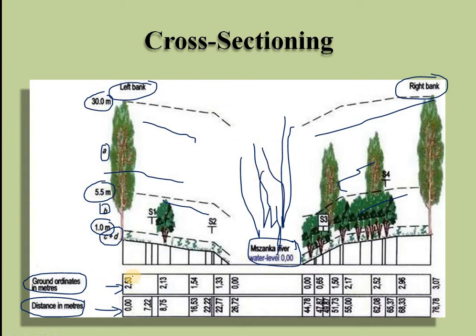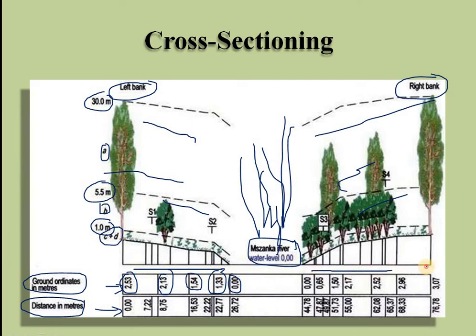These are the levels showing the ground: 2.253, 2.13, 1.54, 1.33, 0.00. That means it is coming from a higher level to a lower level, going down.